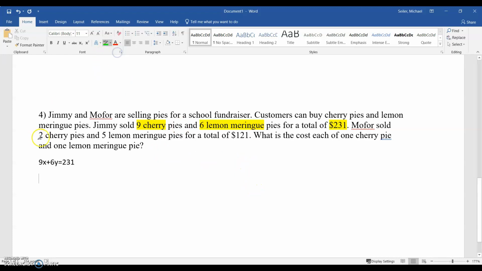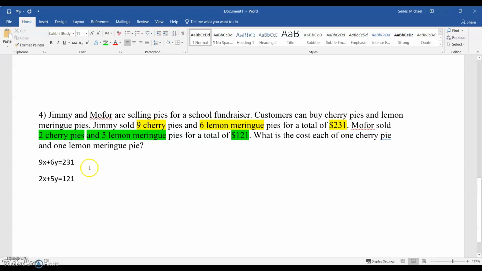And for Mofer, 2 cherry pies, 5 lemon meringue, and a total of 121. So again, making sure the variables line up, cherries are my x's, so 2x plus 5y equals 121.